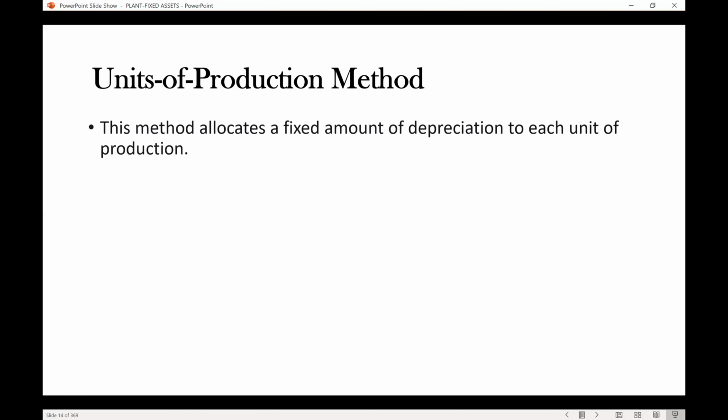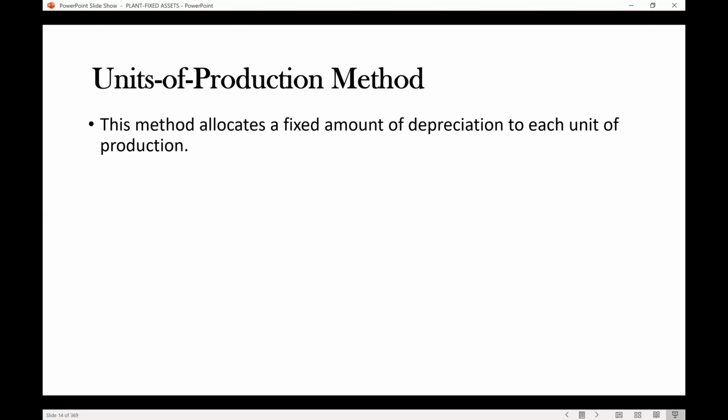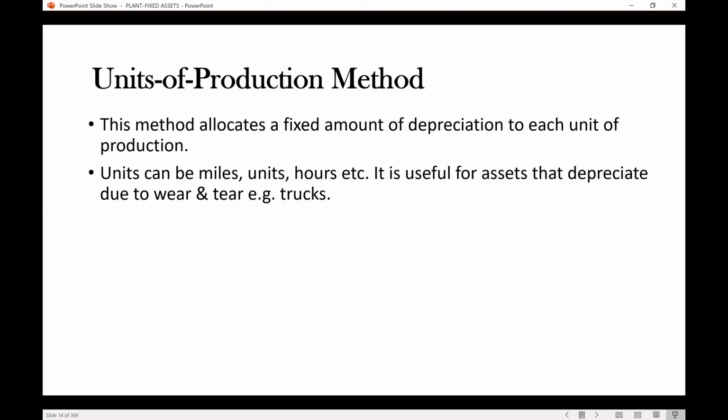This method says that a fixed amount of depreciation is charged per unit, and a unit can be miles, units, hours, etc. So it is the useful life for assets that depreciate due to wear and tear, and these include trucks, where it is by mileage, and cars. So these are assets that will use this method.